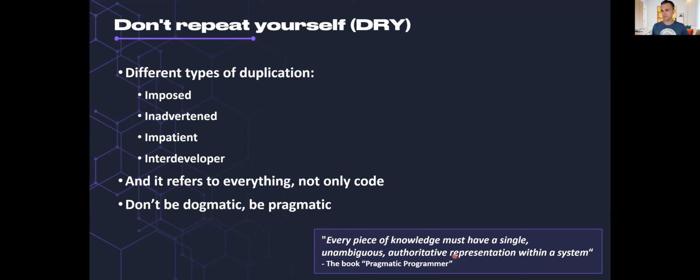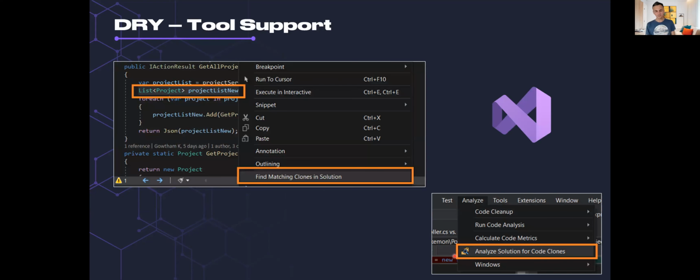But of course, you need to be careful with this and to know why you are doing this. You can also use tool support for this. In Visual Studio you have an option, which is additionally installed, find matching clones in solution, or analyze solution for code clones, and it will give you all these clones.